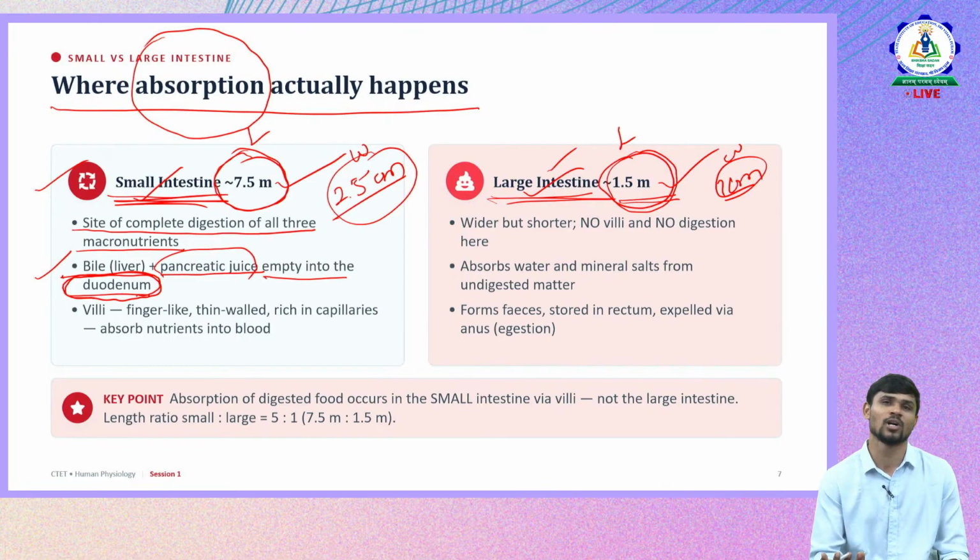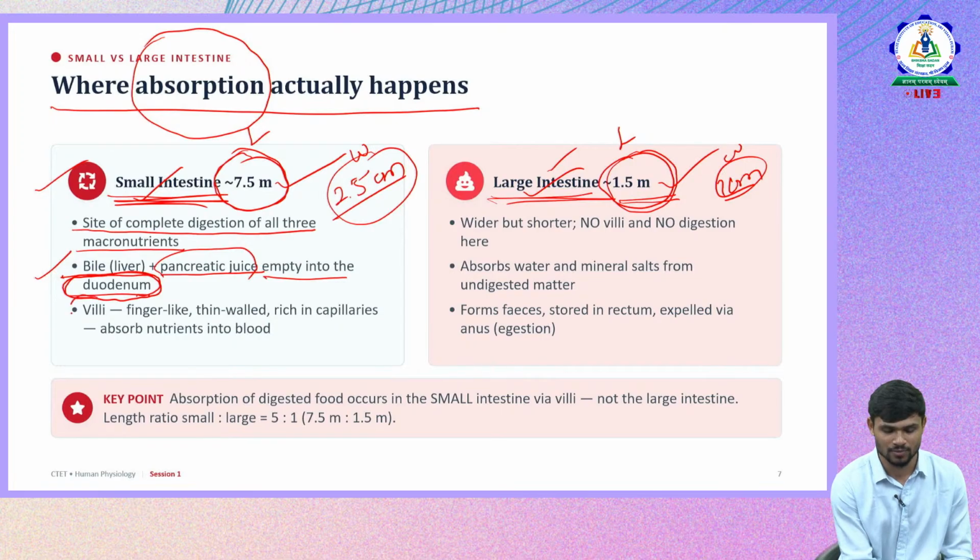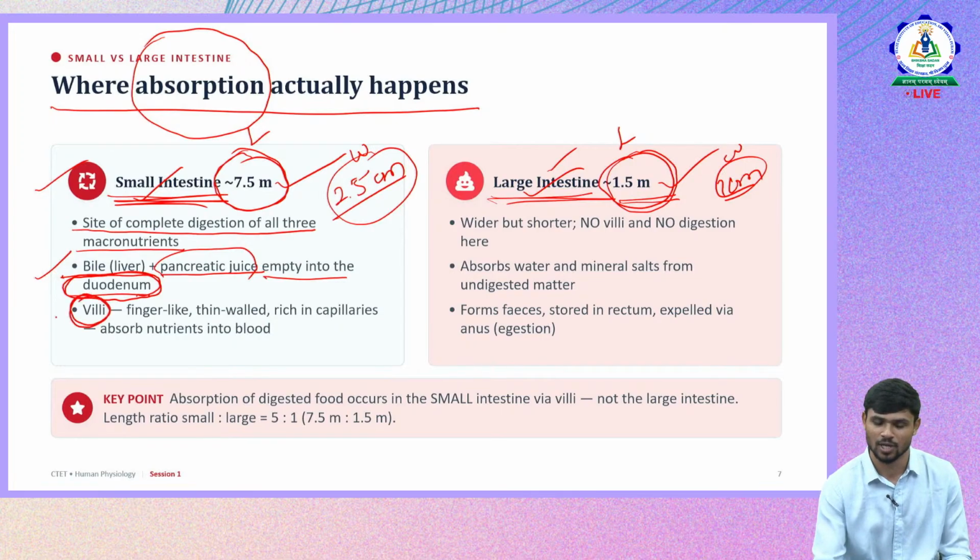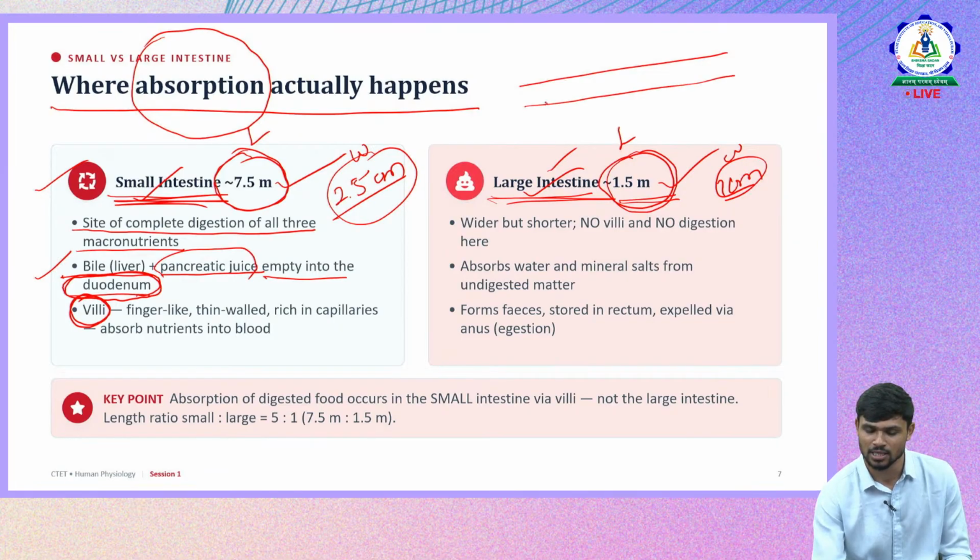And how does the small intestine absorb the digested food? It is with the help of villi. The lining of the small intestine has finger-like projections called villi.